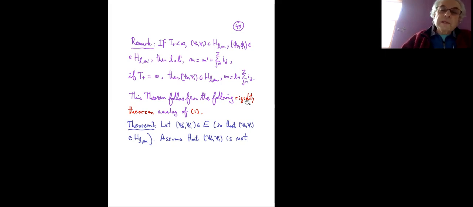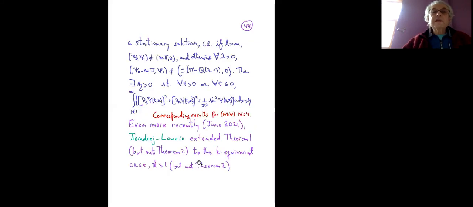And the key point in the proof is the following rigidity theorem, which is the analog of the channel of energy for the radial 3D nonlinear wave equation. Suppose I have a function in the energy space, and suppose that it's not the data of a stationary solution.